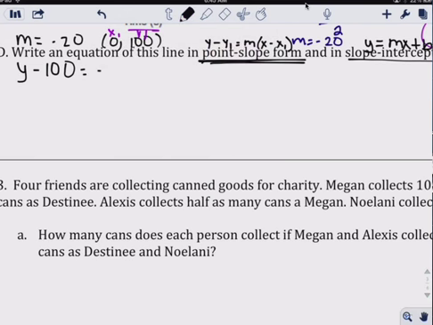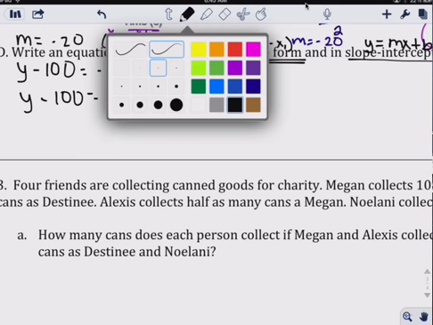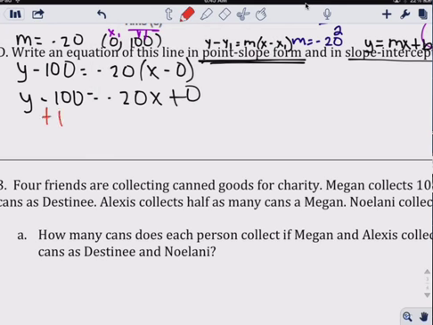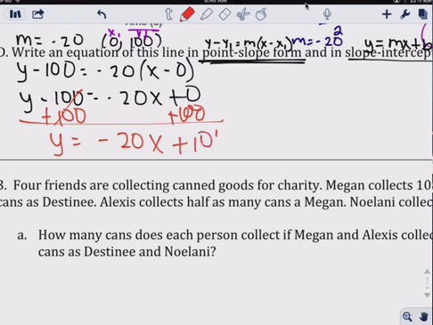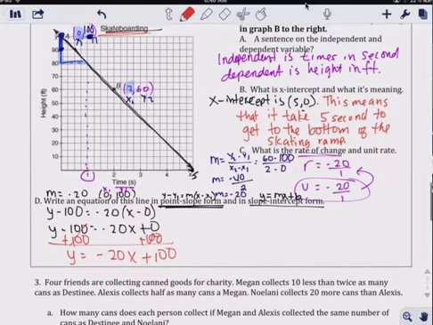Equals -20, parentheses, x minus 0. Y minus 100 equals -20x plus 0. Okay, add 100. Add 100. Y equals -20x plus 100.